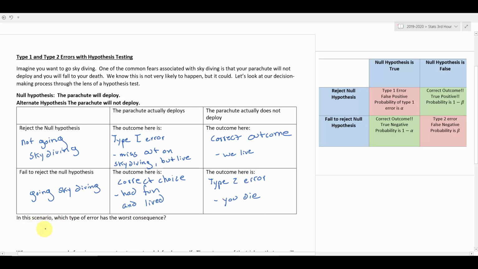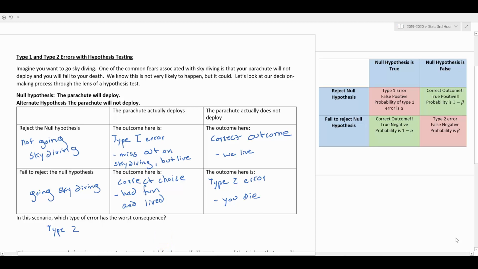And believe it or not, there are ways you can control the probability of a type 2 error, but that's more of a topic for advanced and later statistics courses.